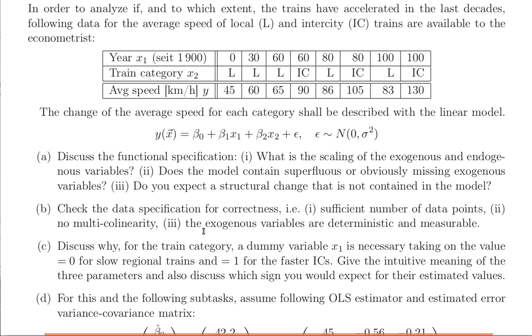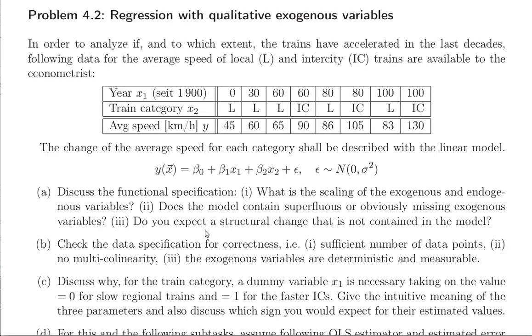Is there multicollinearity? Of course, there is some correlation. For example, the speed with time, the year, increasing, and the train category: at the beginning there were only low speed trains, and then there are intercities and low speed or local trains, but with no perfect correlation. So regarding multicollinearity, there is no problem.